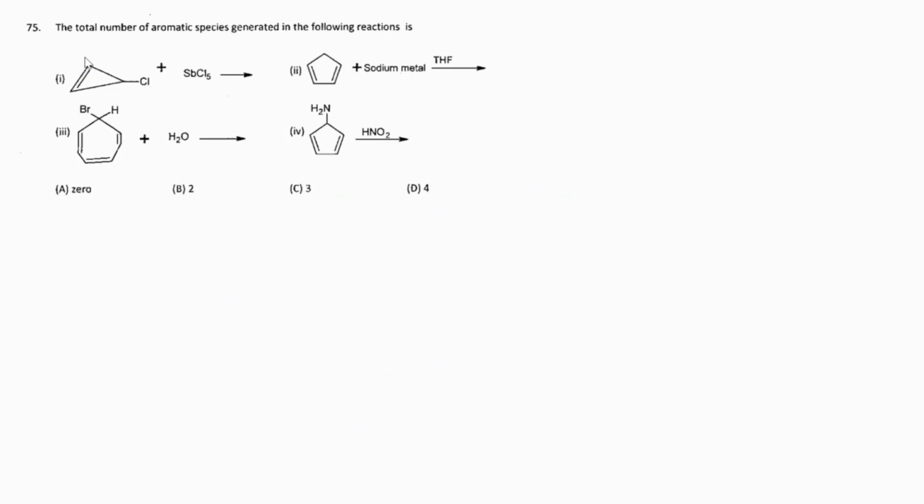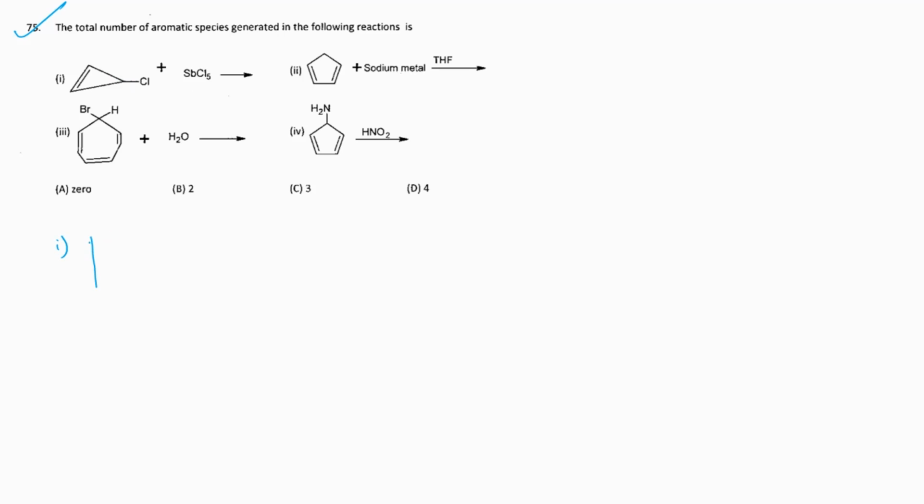So in this question, we need to find the total number of aromatic species which is generated in these processes. These are all some NCERT level questions or just board level. You don't need to show all the reactions. You just write the product, and you'll be sorted.